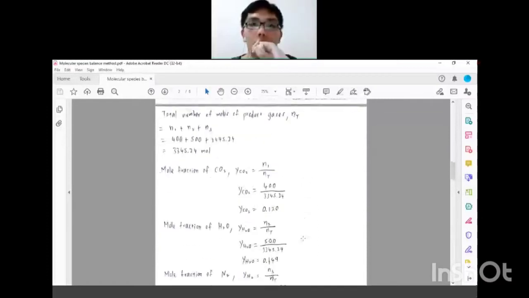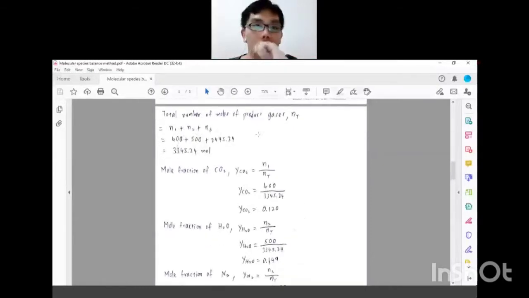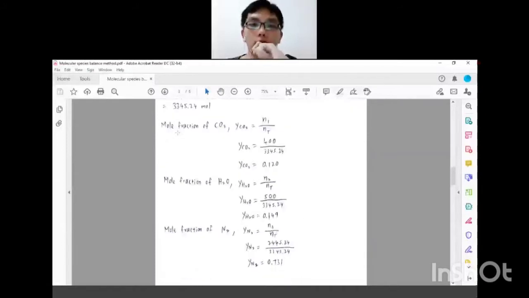In order to find the molar composition of the product gas, we have to sum up the moles of product gases, which is the number of moles of carbon dioxide plus water and nitrogen. So the total number of moles of product gases is 3345.24 moles.